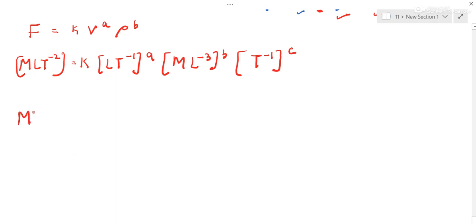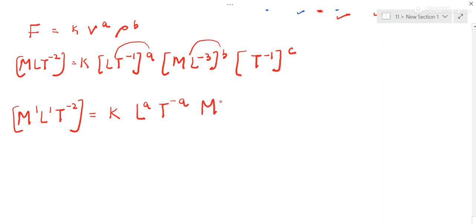This is M to power 1, L to power 1, T minus 2 is equal to k. Now please open the bracket. L to power A, T to the power minus A, open the bracket here. M to power B, L to the power minus 3B, and T to the power minus C. So now you can add up the powers on the right hand side.